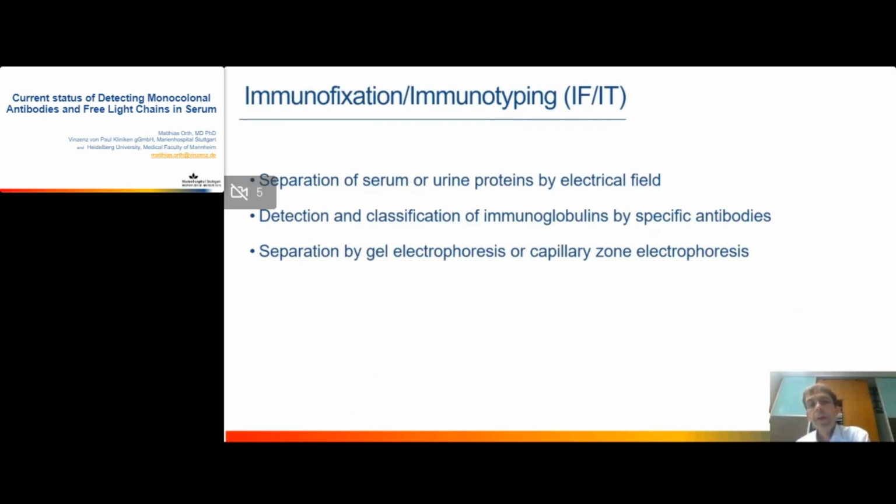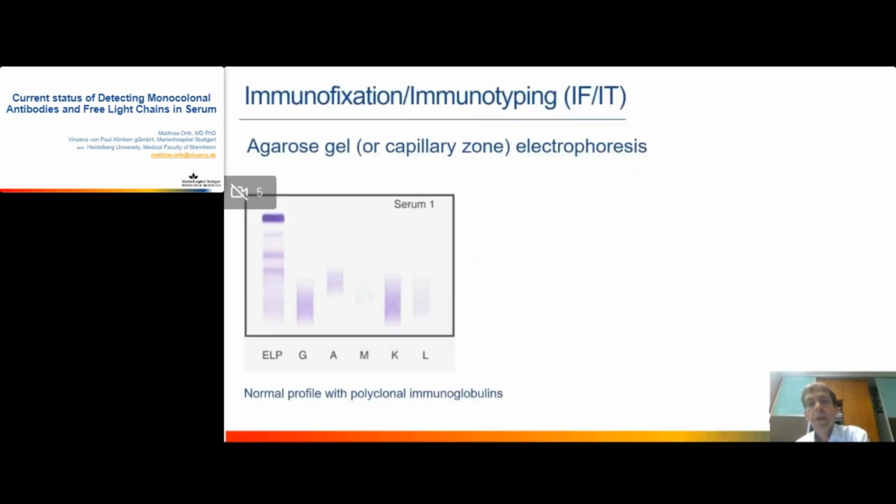In immunofixation, the proteins from serum or from urine, such as Bence Jones proteins, are separated in the electric field. They're detected by specific antibodies, and the separation is done either by electrophoresis or capillary zone electrophoresis. And this shows an example of a normal sample, as you know it.